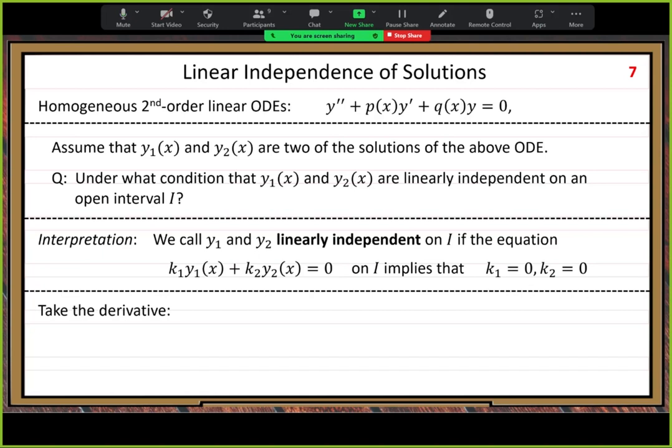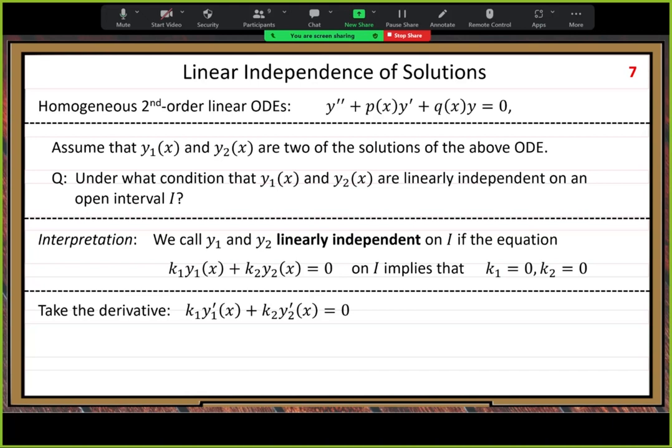If it is a differentiable function, we can take the derivative. Let's take the derivative of both sides. Both sides equal 0, the function value equals 0, then when you take the derivative, it is also 0. No problem, let's do it.